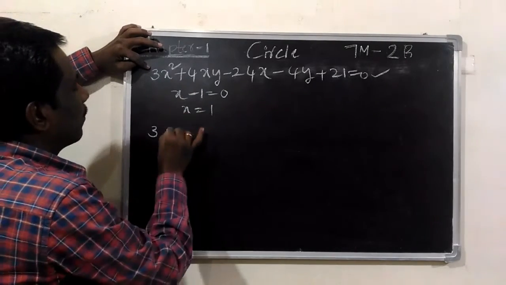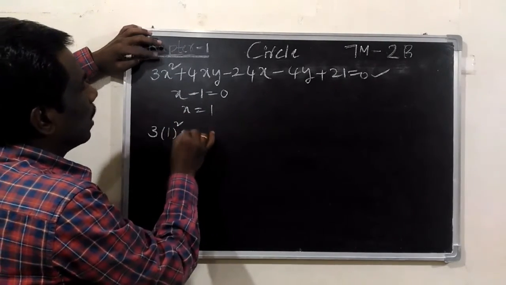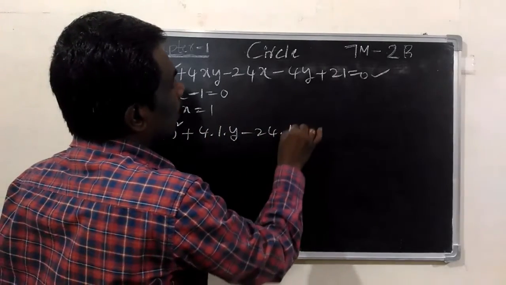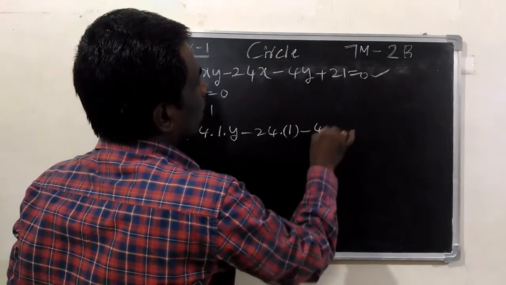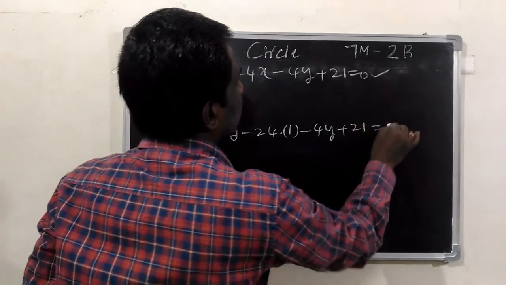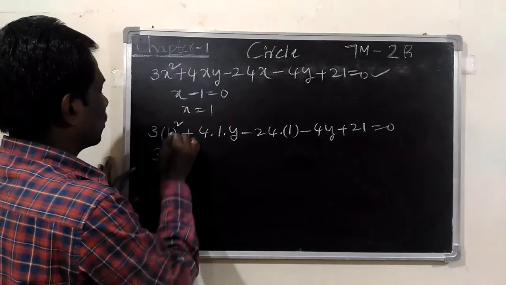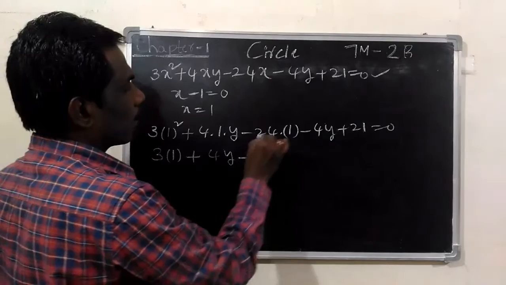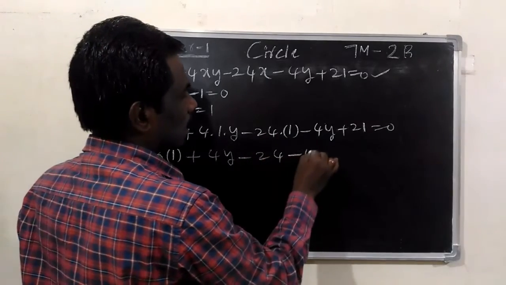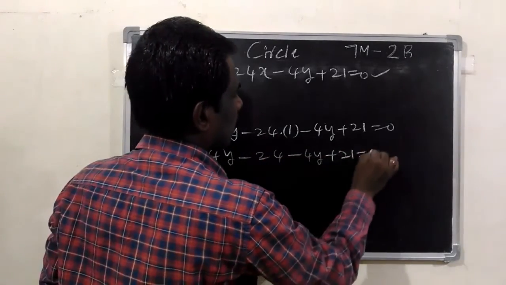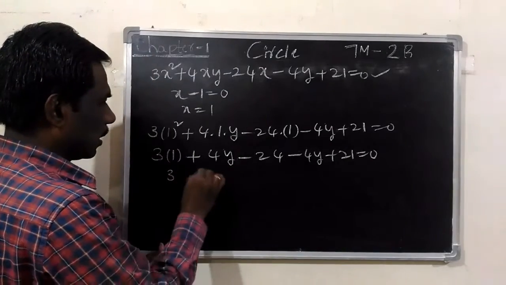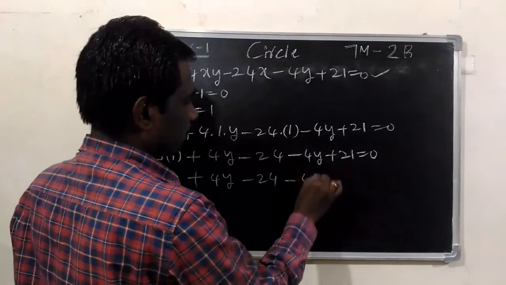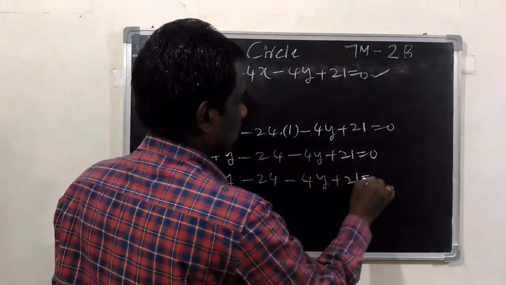3 in place of x is 1, then it is 3 into 1 square plus 4 into 1 into y minus 24 into 1 minus 4y plus 21 equal to 0. So 3 into 1 square is 1, 3 ones are 3, plus 4 ones are 4y, 24 ones are 24, minus 4y plus 21 equal to 0.